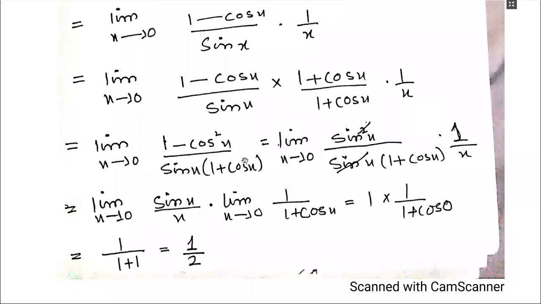Sin x upon x as x tends to 0 is 1, and 1 plus cos 0 is 1 plus 1, which is 2, so the result is 1 upon 2. Again the limit as x tends to 0 exists and equals 1 upon 2.